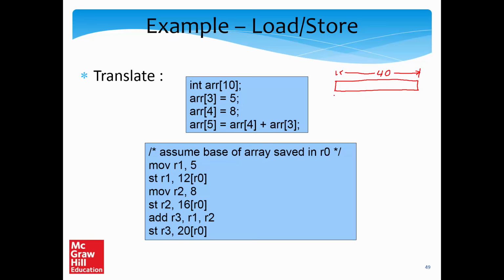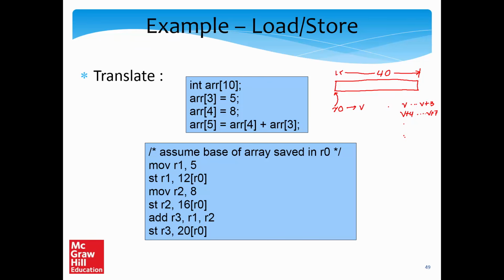Let's assume that the base address of the array is in R0, which means the first integer is stored in the location that R0 points to. Let's assume that the contents of R0 are V. So the first integer is stored in the locations V to V plus 3. The second integer is stored in the locations V plus 4 to V plus 7, and so on.